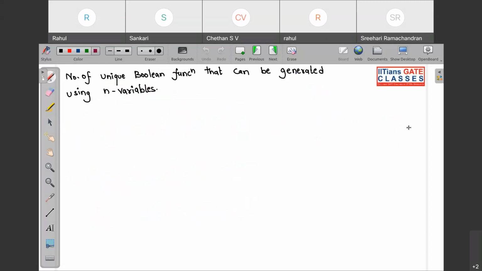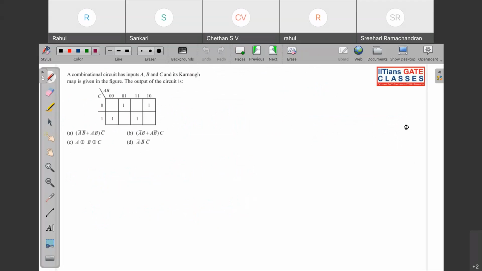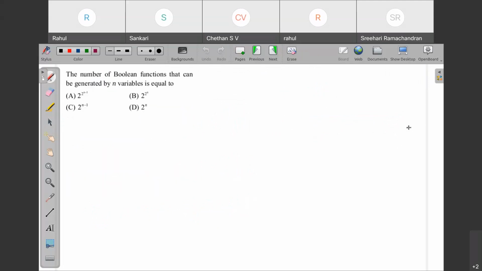Now the next is, how many unique Boolean functions... or before this, let me directly ask you this question. I am giving you like 1 minute to think about it, and then we are going to solve.